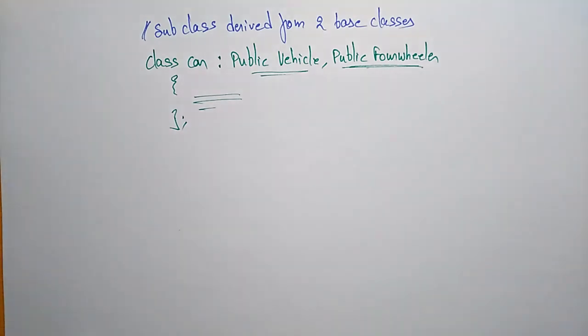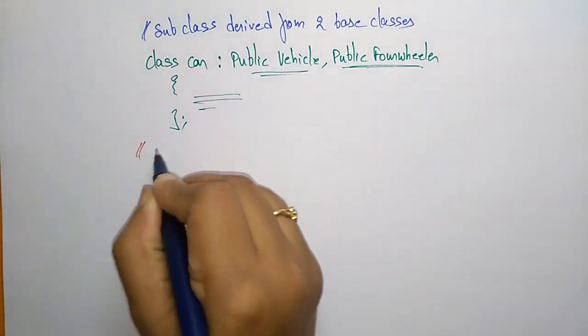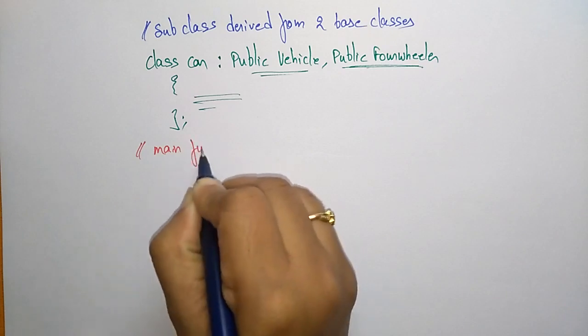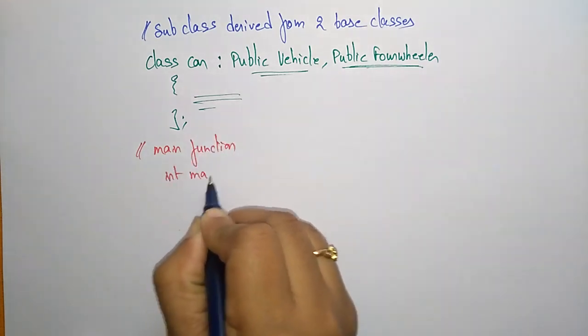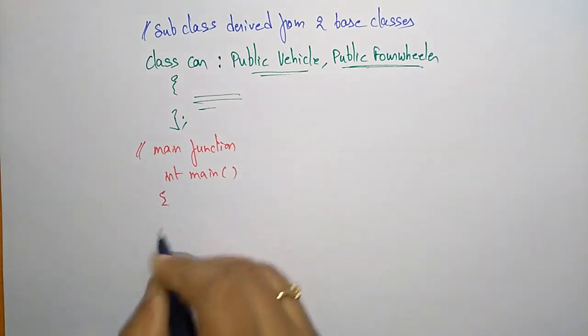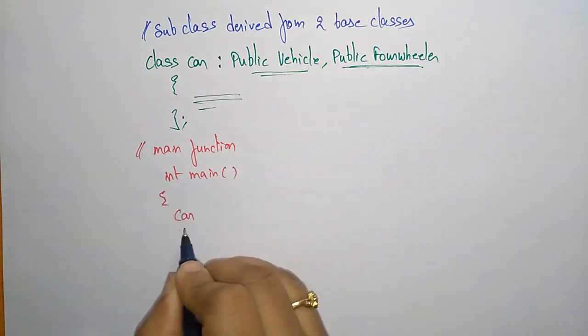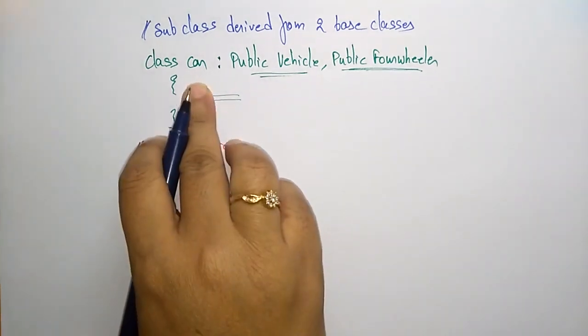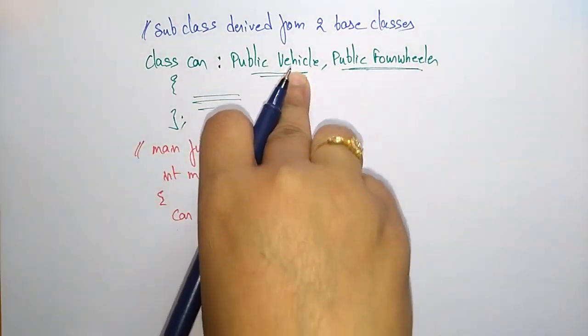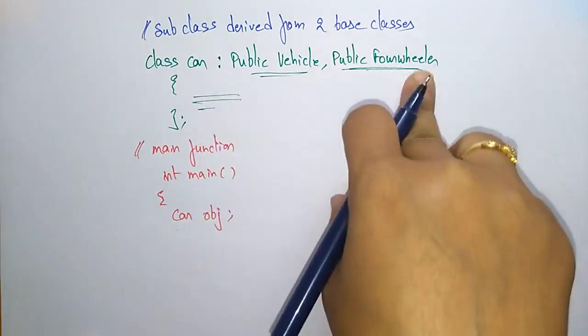Okay. Now coming to the main program. The main function, int main. Here I have to create the object. Car is the class name, and for that car I am creating only one object. With the help of the object it calls the vehicle class as well as the four-wheeler class.